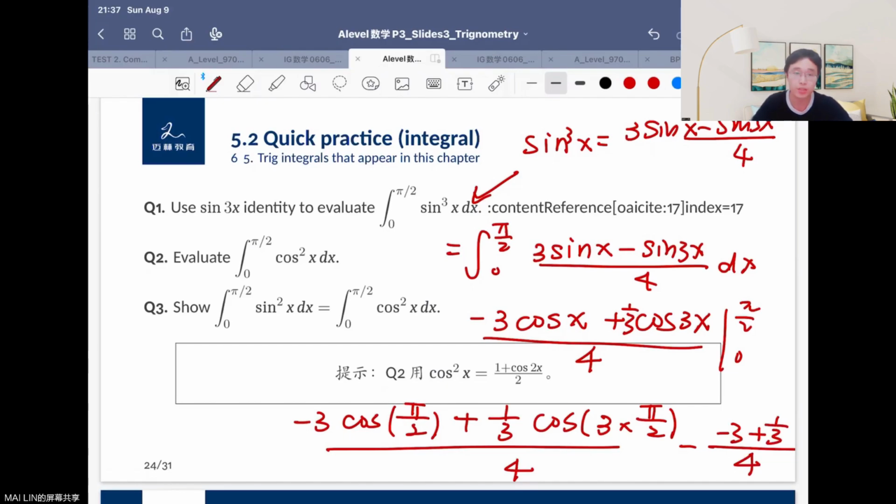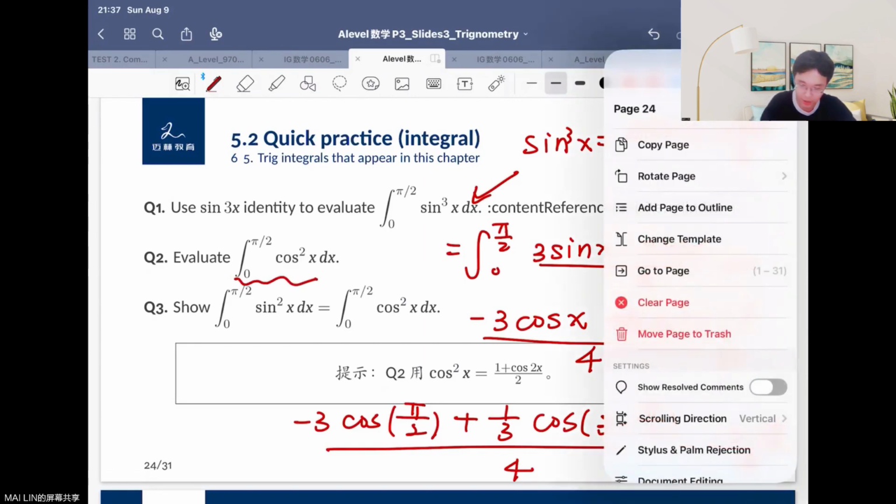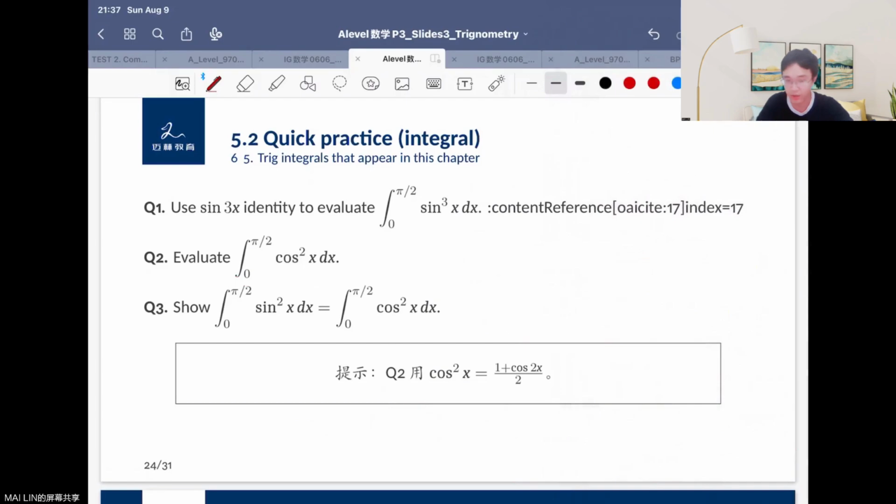For question 2, we have the integral from 0 to pi over 2 of cosine squared x. First we transform cosine squared x into cosine 2x, because we know that cosine 2x equals 2 cosine squared x minus 1.